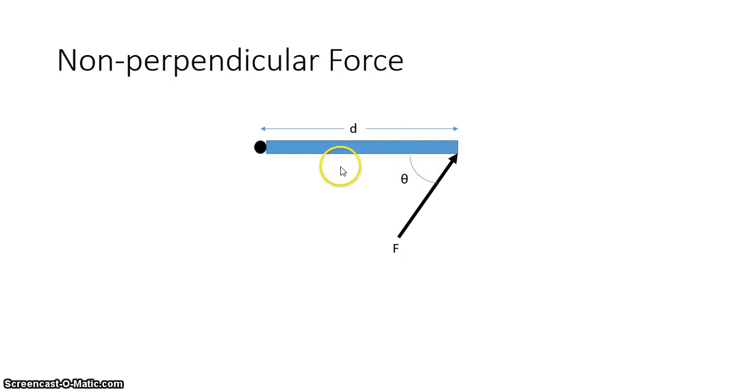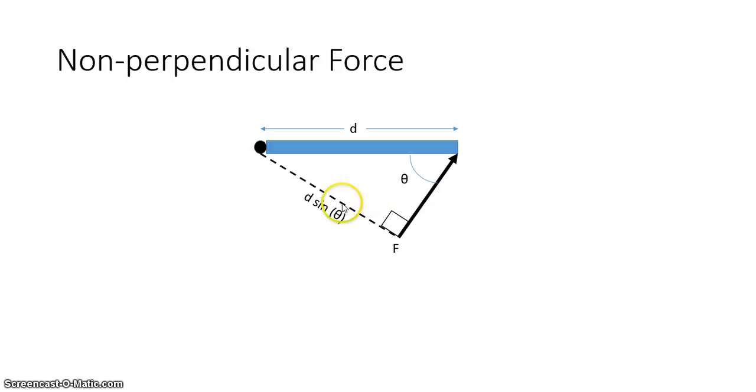So if we want to figure out what the torque is in this case, one way that we can look at this is we can find the moment arm that would be perpendicular to that force. So it would be d sine of theta, where that theta is the angle, pardon me, between where the force is being applied and the moment arm itself.